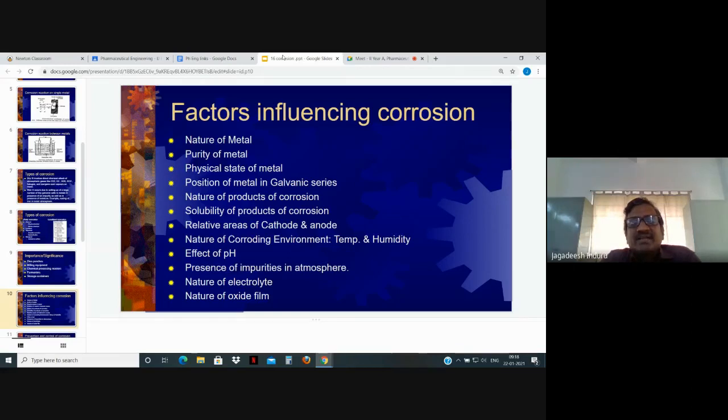Presence of impurities in the atmosphere, like fumes and dust, which fall onto the equipment, makes the corrosion progressive. It tends to cause pitting corrosion by providing enough environment, attracting moisture and depositing those fumes and dust.